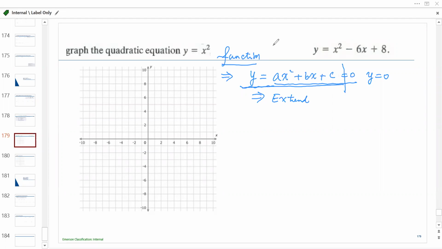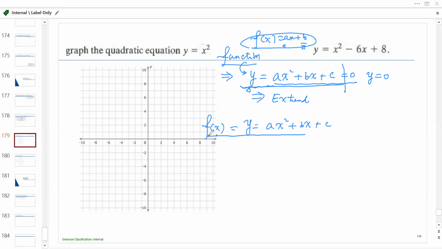We know the linear function, right? y equals ax plus b, where a is the slope and b is the y-intercept. Do you guys still remember this part? We do the same with a function like this one, where y is not always equal to 0 but can equal multiple numbers. So y changes with x. We can extend this part.